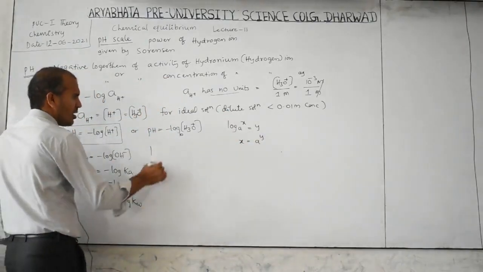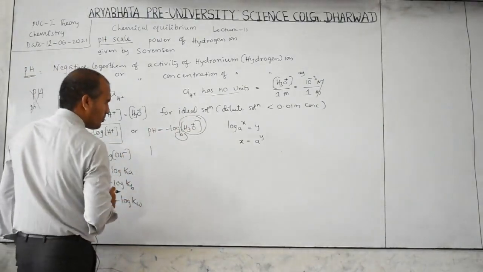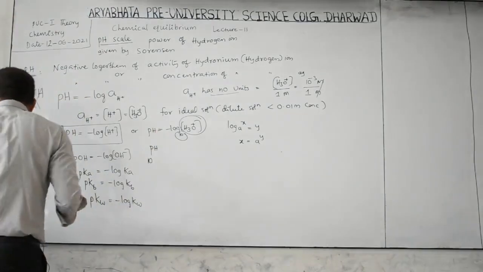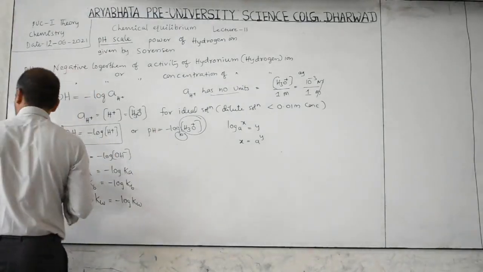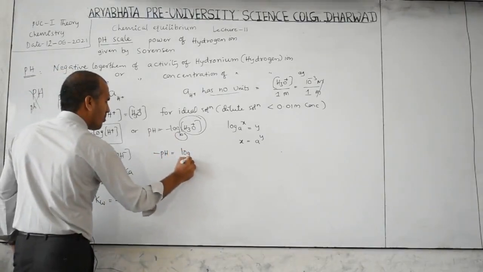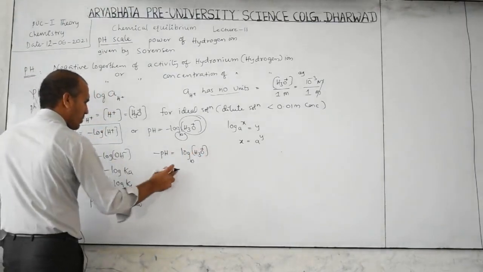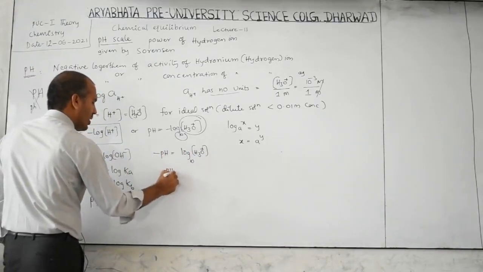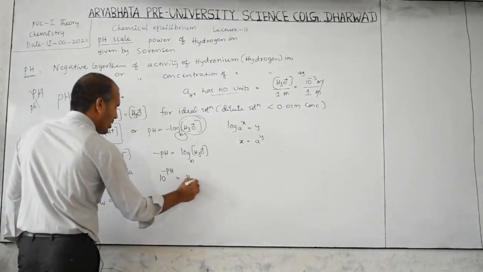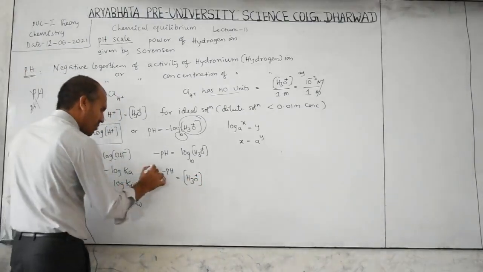So this can be represented as 10 power minus pH. First, move the minus to the left side: minus pH is equal to log base 10 of the H3O plus ion concentration. This can be represented as 10 power minus pH is equal to the H3O plus ion concentration. This is also a very important formula.